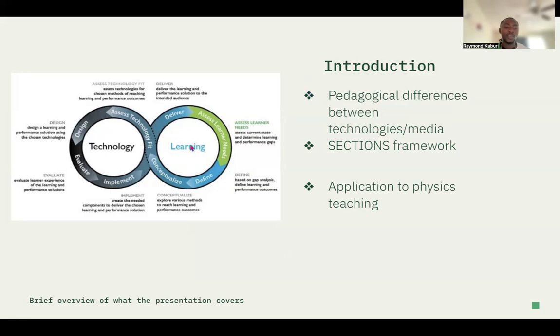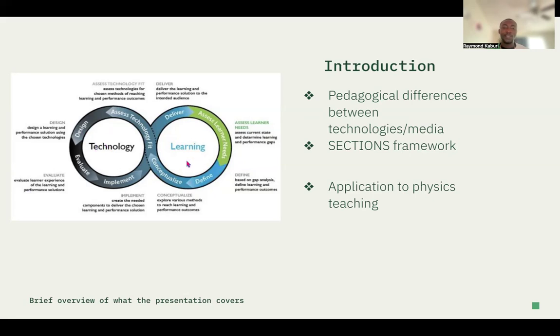So this diagram here gives an overview of the things to consider if we want to make choices with regards to the kind of technology that we want to use in our classrooms. So we want to consider the design of the technology, how it does evaluation, how to implement it, as well as the kind of assessment that it allows.